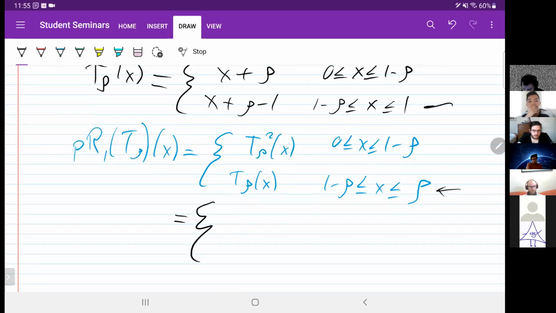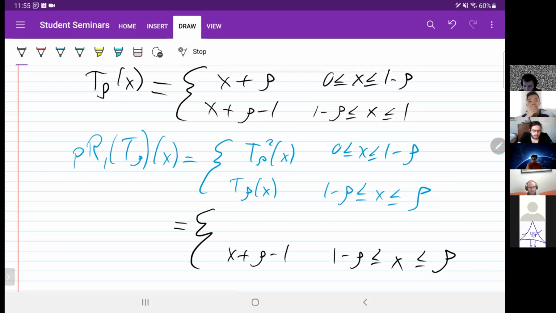It is x plus rho minus 1, provided 1 minus rho is less than or equal to x, less than or equal to rho. The top case: the first time I apply t rho, it's in this case, so I get x plus rho, and I need to apply t rho again. But now, once I've added rho, rho is bigger than 1 minus rho by my assumption, so I'm in the second case. So I get x plus 2 rho minus 1.